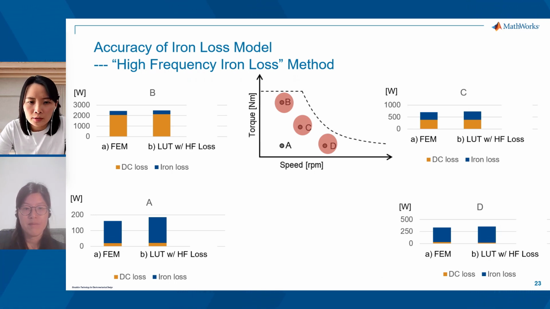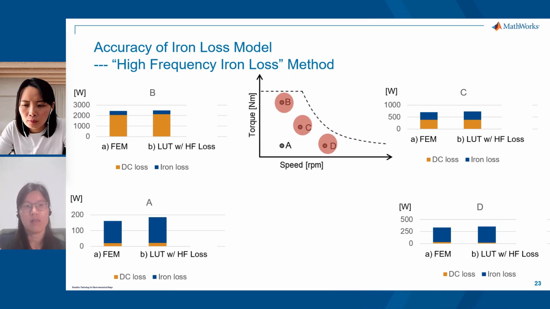So Yoko, I have a question here. You mentioned we can measure different operating points under this torque speed data, and you say the FEM data can quite nicely match with the lookup table with high frequency losses. What's the reason behind it? Yeah.